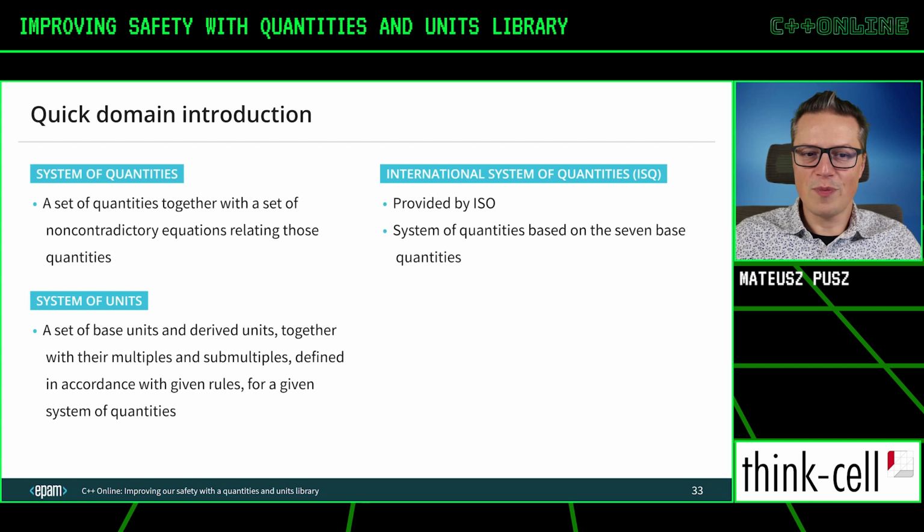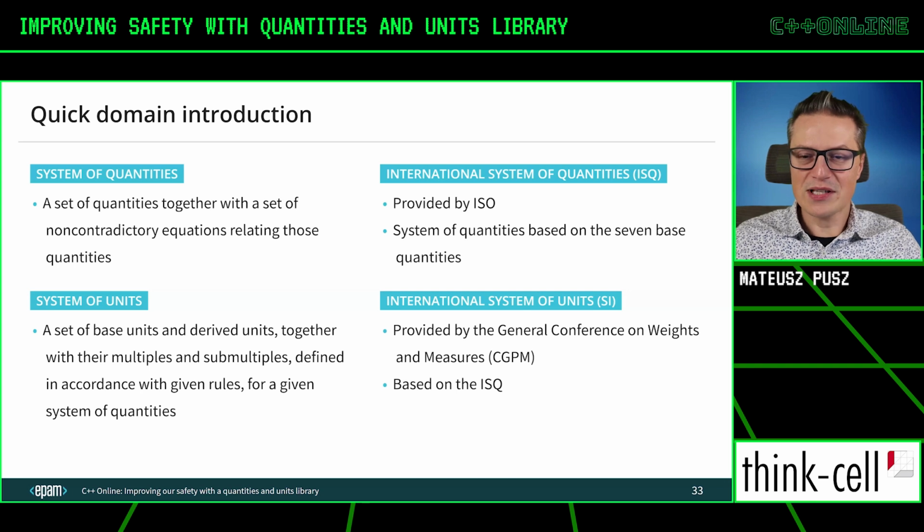It's a set of base units and derived units, together with their multiples and submultiples, so basically prefixes, defined in accordance with given rules for a given system of quantities always. And the primary example here, of course, is SI, the International System of Units, provided by CGPM and based on the ISQ. It's explicitly stated both in SI and in ISQ that SI is based on ISQ.